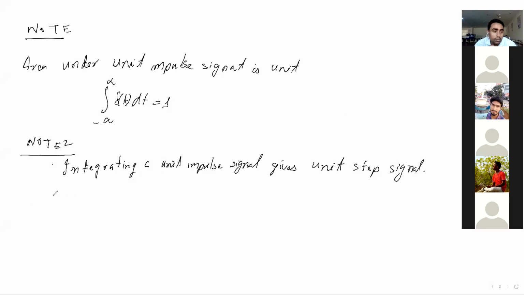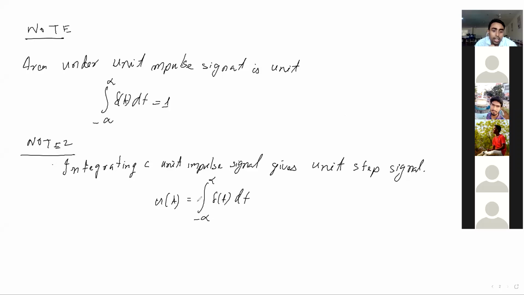So note 2 I am saying is that integrating a unit impulse signal gives the unit step signal. We can write it in mathematical form: u(t) equal to the integration from minus infinity to infinity of del t dt, where u(t) means the unit step signal. Here we integrate a unit impulse signal and it gives the unit step signal.